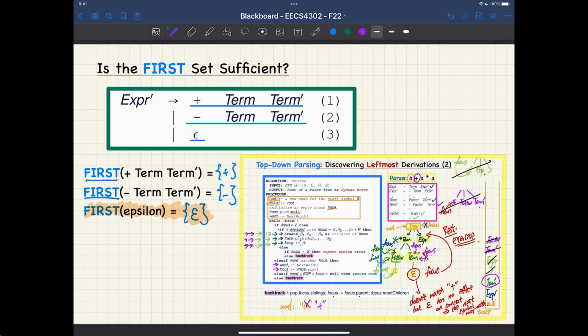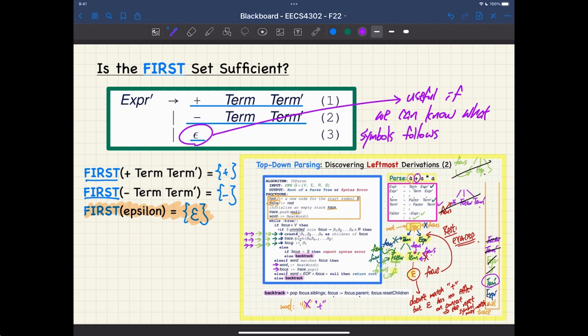All right? So from this one here, we say it would be nice, useful, if we can know what symbols follows. So this will be the keyword.